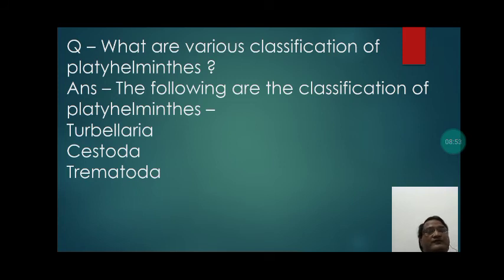So students, these three are the classes into which the platyhelminth is divided.